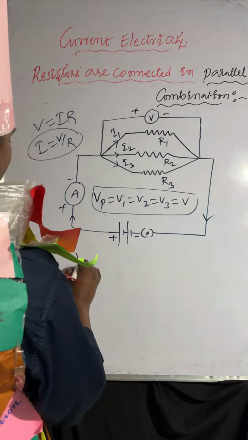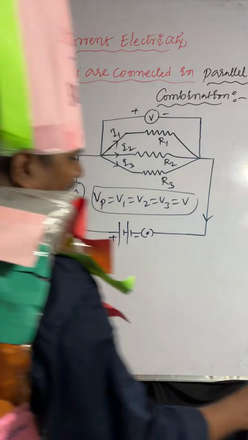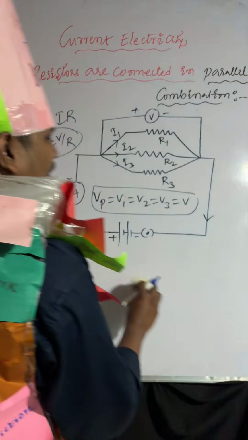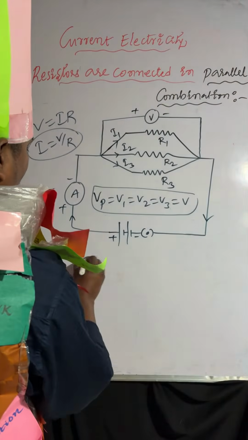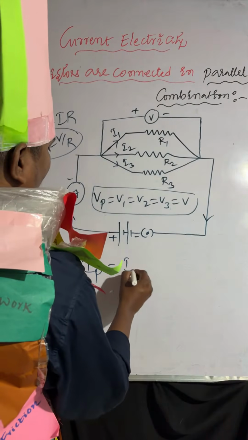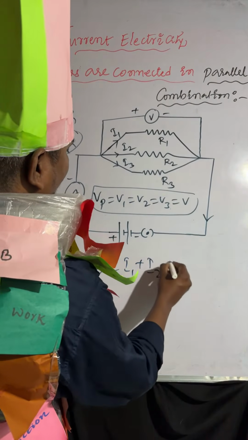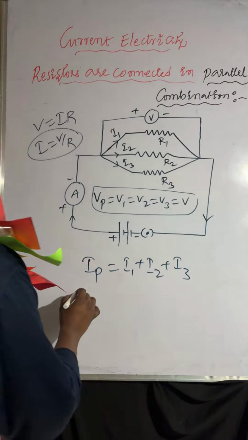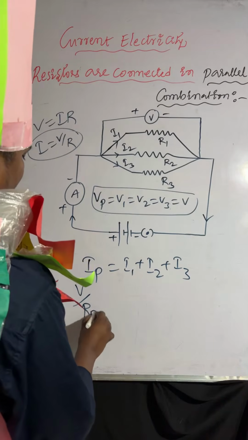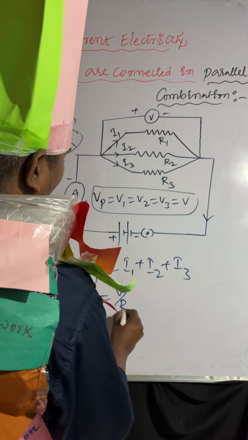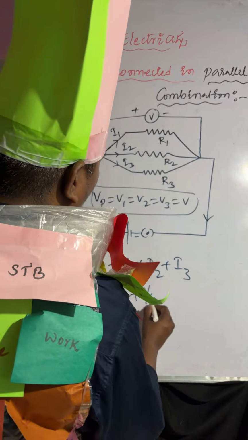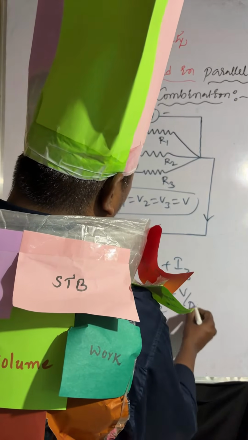So now, IP equal to I1 plus I2 plus I3. That is nothing but V by Rp equal to V by R1 plus V by R2 plus V by R3.